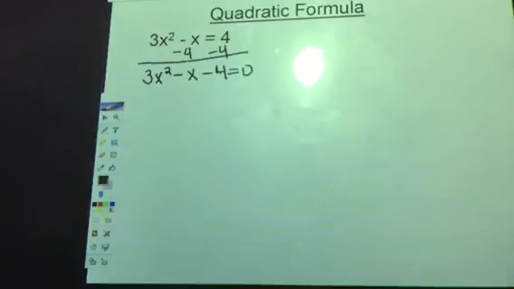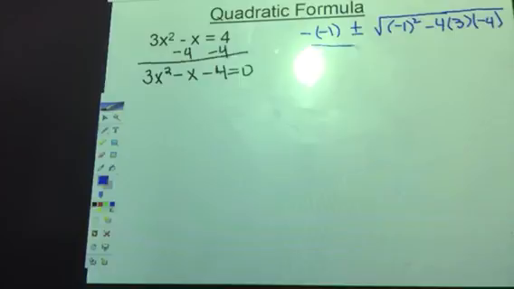Substitute it into our quadratic formula. I've got two negatives this time. Be careful with that. Plus or minus the square root of negative 1 squared minus 4 times 3 times negative 4. And all of this is over 2 times a, and a is 3.